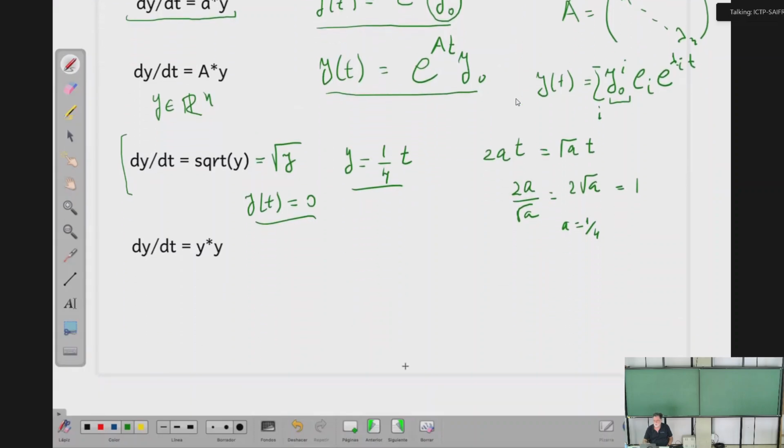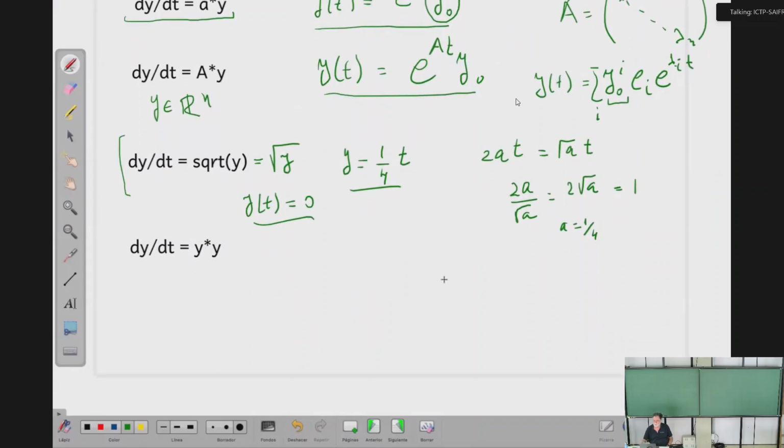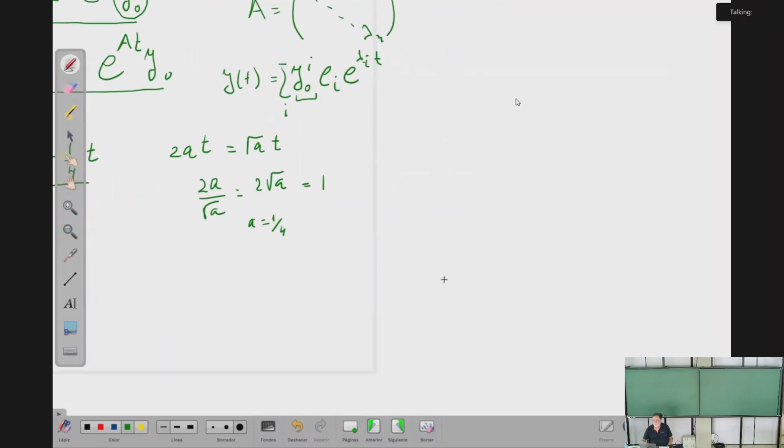because you can say you stop at some point, you have here t and y in this direction, and so you can have a solution that comes through the axis.